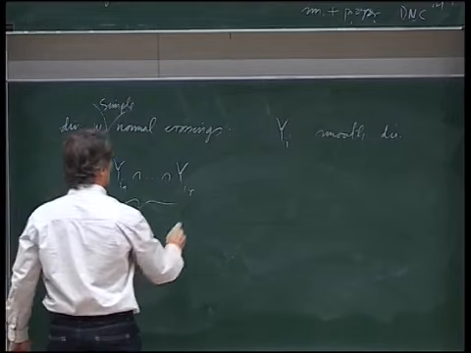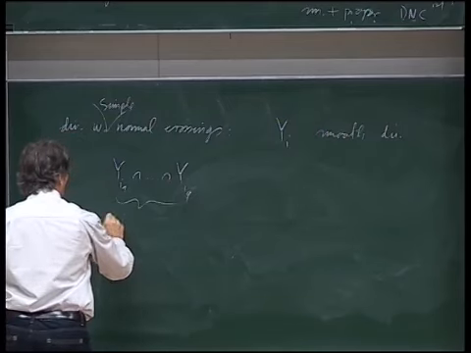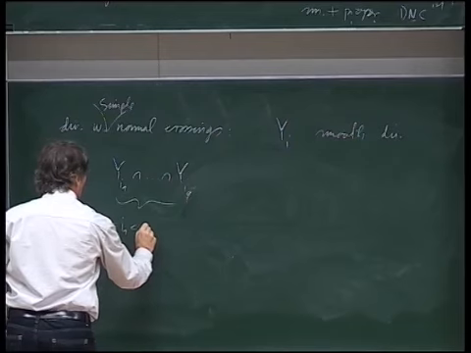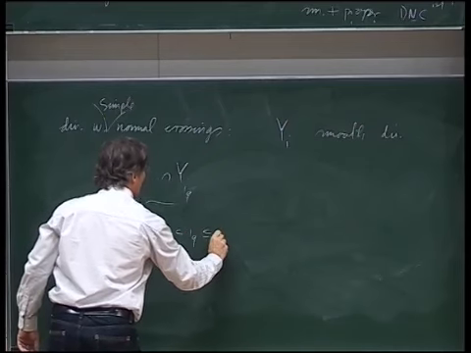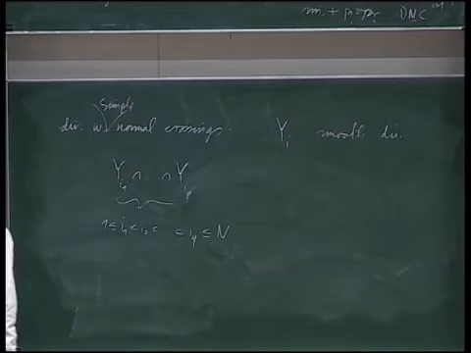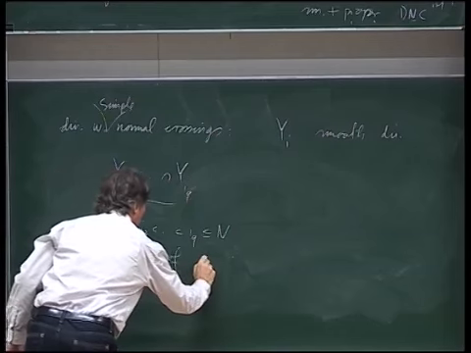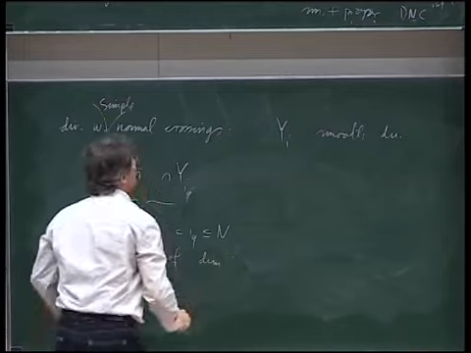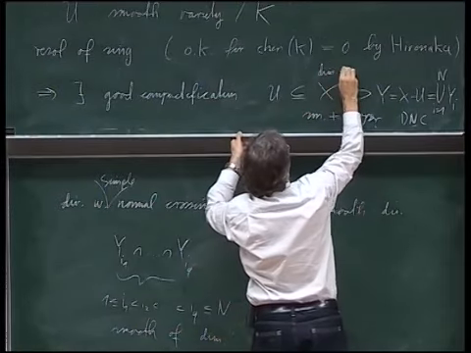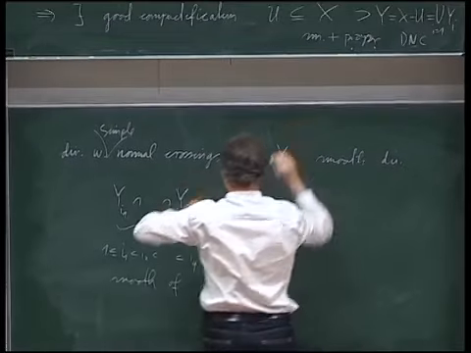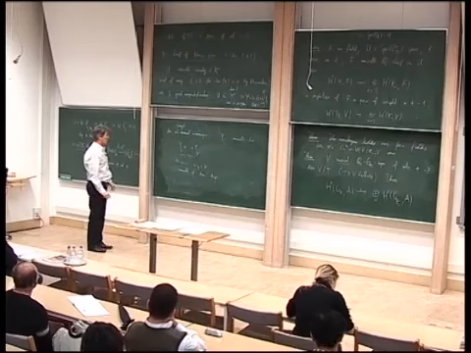The q-fold intersections, for i_1 smaller than i_2 and so on, different indices, are smooth of pure dimension d minus q. So it is smooth and has the correct codimension.